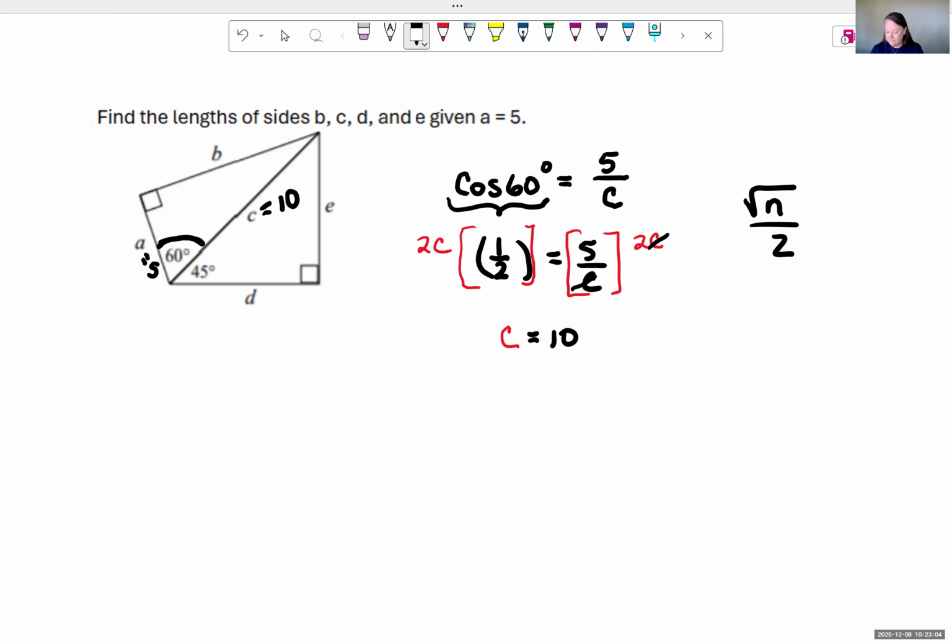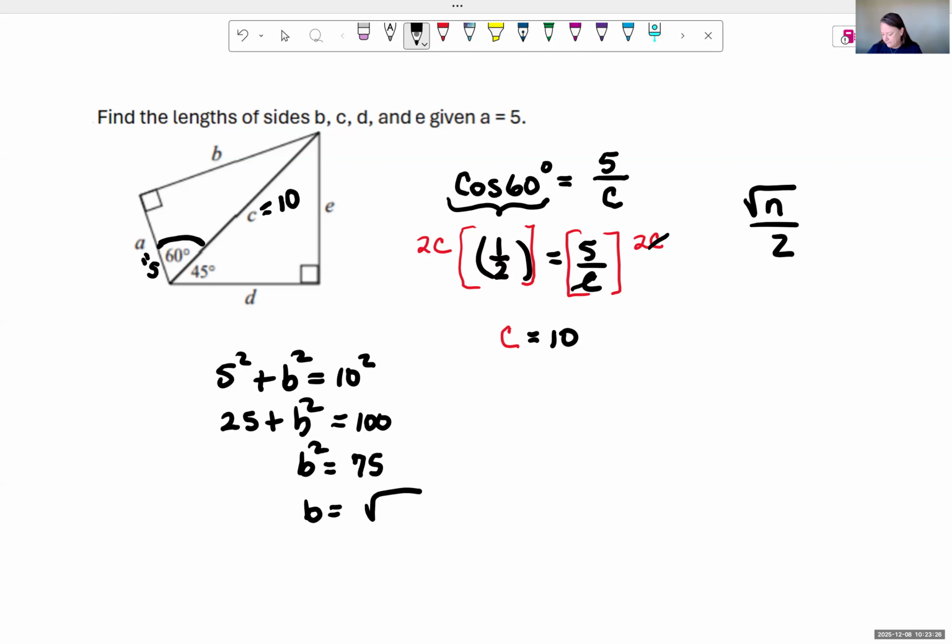So we know that 5 squared plus b squared is equal to the hypotenuse, which is 10 squared. So I have 25 plus b squared equals 100. Subtracting 25 on both sides, so b squared is 75. So I know my b value is the square root of 75.